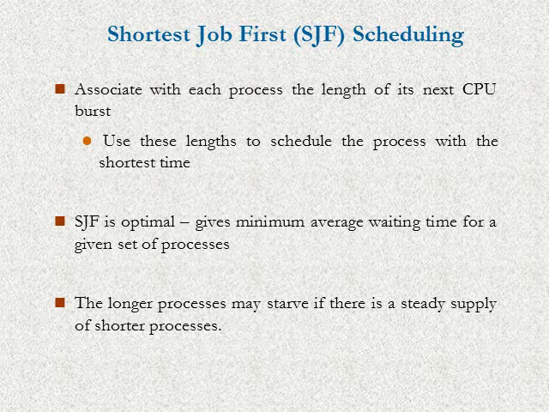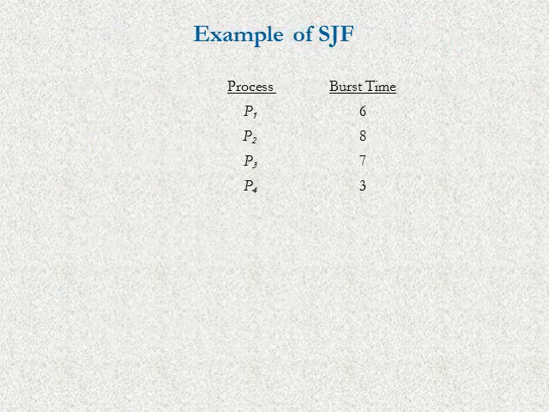We call it starvation. So in shortest job first, if a longer process is waiting in the ready queue and there is a constant supply of short processes, it is very much possible that this long process may starve. So starvation is one disadvantage of shortest job first.